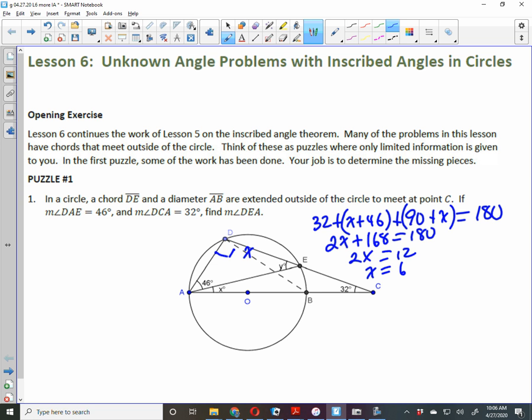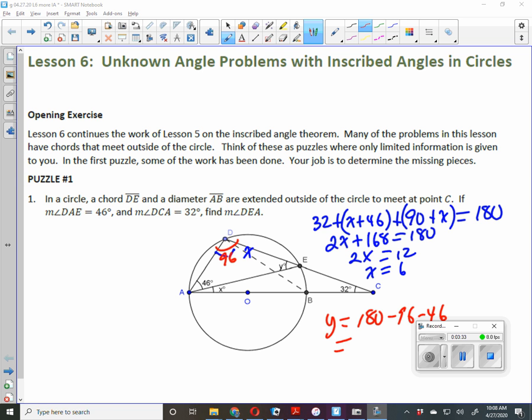If x is equal to 6, then this angle here is 96 degrees. And now I can find y, because I know that y is equal to 180 minus 96 minus 46, what do we got? Where's the calculator when you need one, right? And that all equals 38.